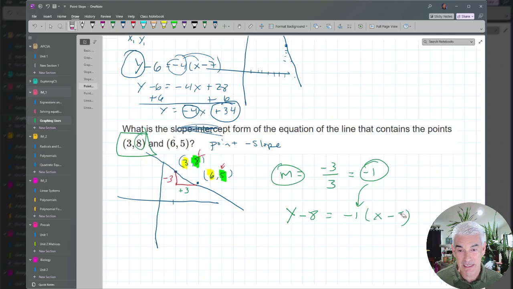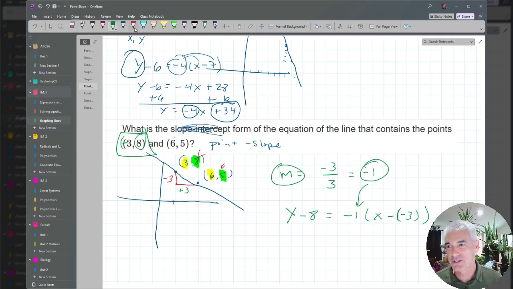Sorry, x minus 3. One of the confusing things, and probably why I didn't like using it in high school, is what if the x-coordinate was -3? Then you have x minus -3. I think that was the part that gave me the "Oh, I don't like it."